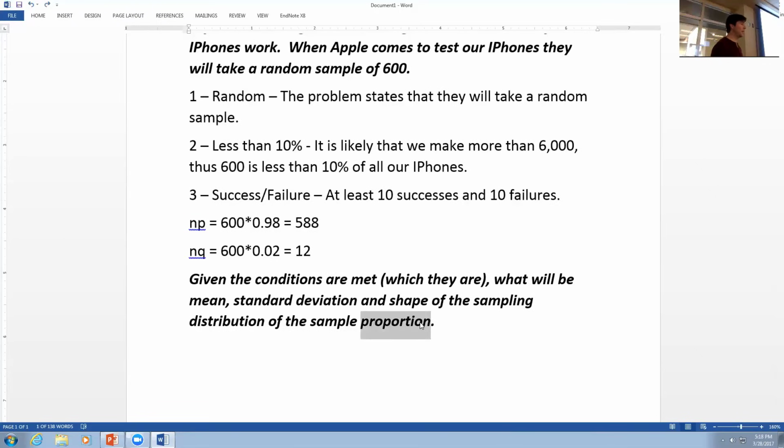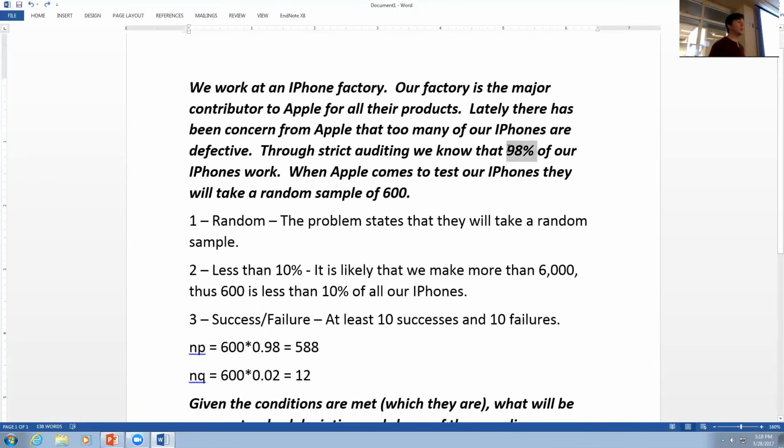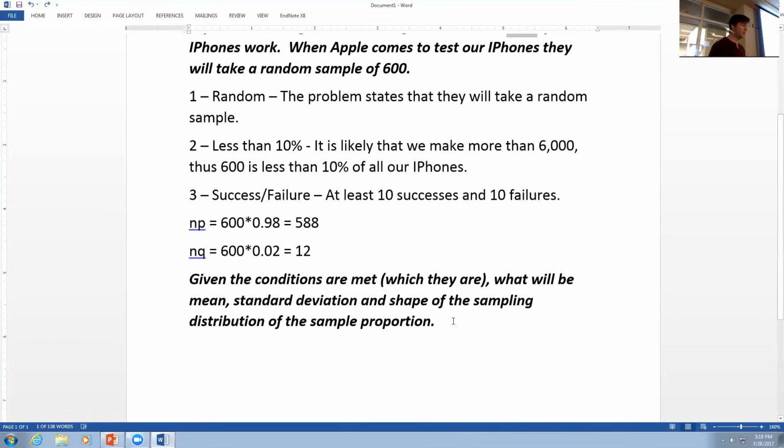So if you see any of these dead giveaways, also, if you see percentages, I can't promise, but usually that means proportions. Does that make sense? Because it's like the percent that meet this categorical definition. So when you see percentages, that usually goes hand in hand with the sampling distribution of the sample proportion. Does that make sense? So let's continue on.